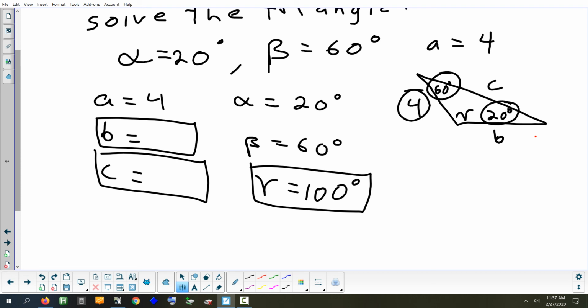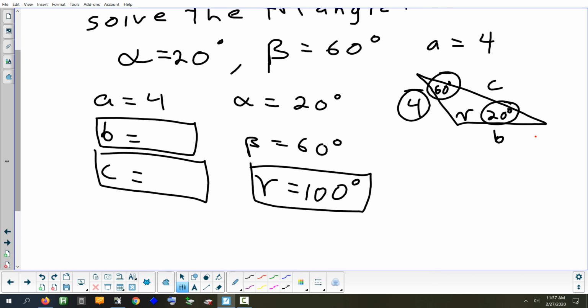So gamma is 100. Now, when we did these kind of problems before, what did I say about using something that you found to find something else? Try to avoid it, because if you found something wrong and you use it, then you're going to get other things wrong.